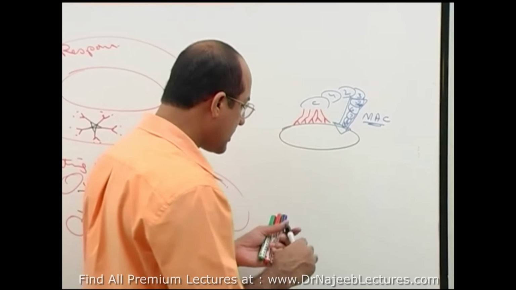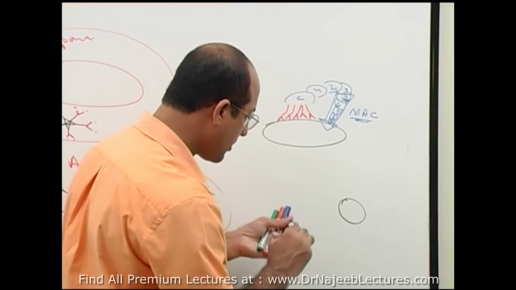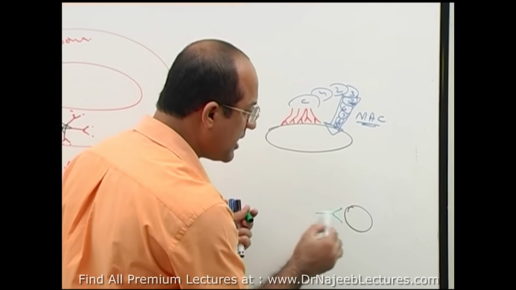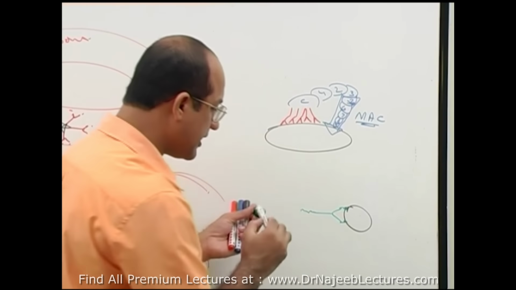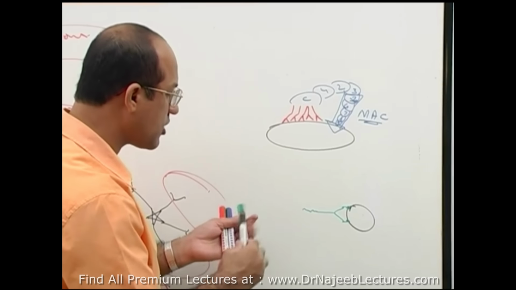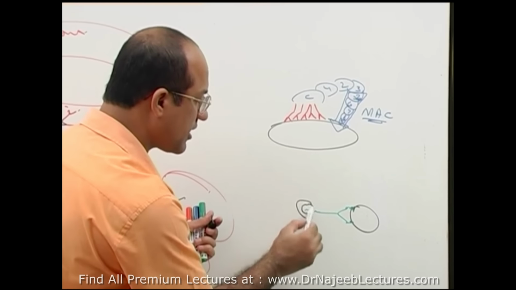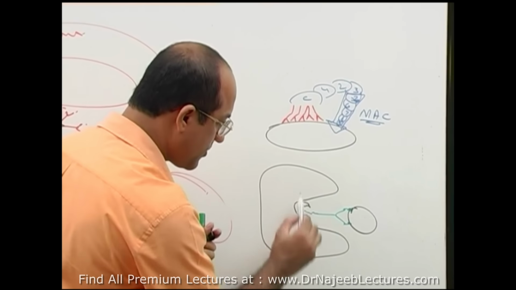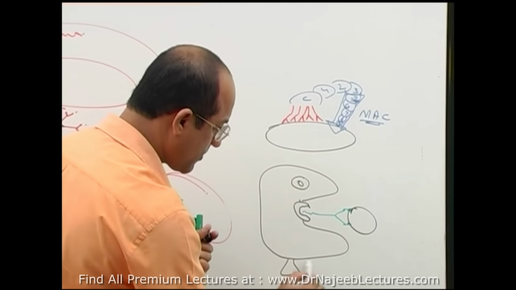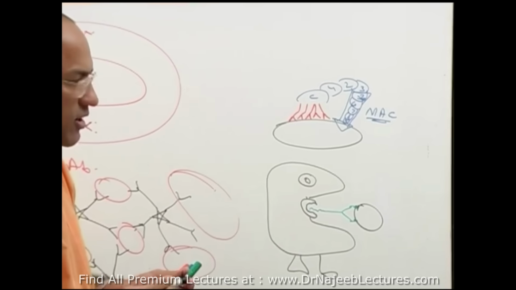You know, opsonization is a different concept. Opsonization means, let's suppose here is the bacteria, here is an antibody molecule. The antibody molecule on one side binds with the bacteria, on the other side it binds to a receptor on a cell. Suppose this is a neutrophil or macrophage.